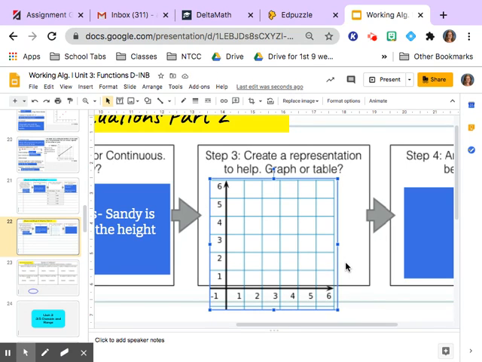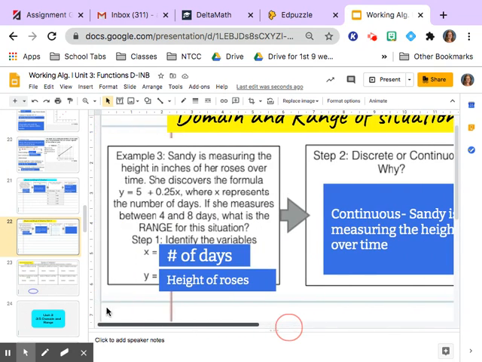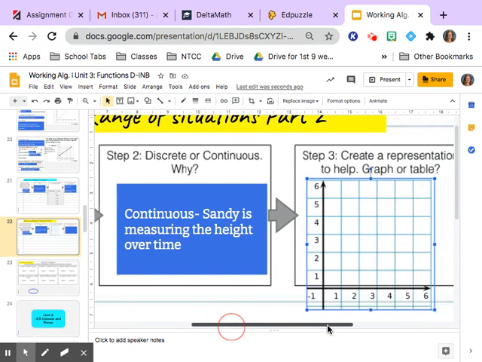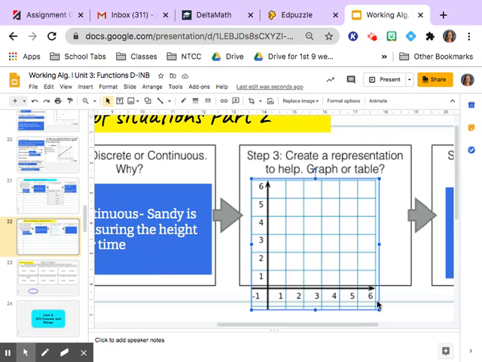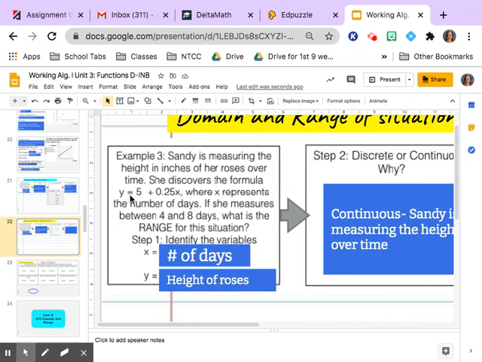How's our graph going to look? Here's our function, 5 plus 0.25x. Where is it going to start? At 0 days, but we're talking about 4 days, right? At 4.